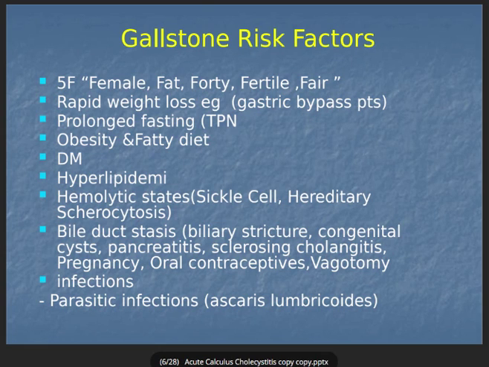On the other hand, you can have an increase of the substances that are in the bile, which are the two main things, cholesterol in fat, or if you have pigmented, like in hemolytic anemias, where you have the pigmented stones. So this is in summary all the risk factors for developing stones, in two arms.